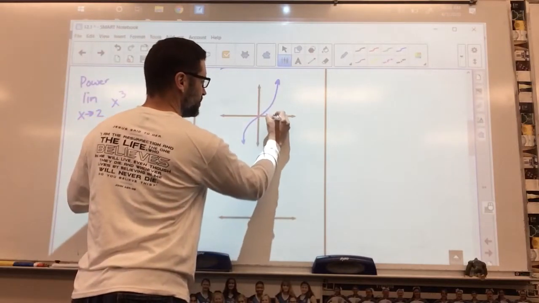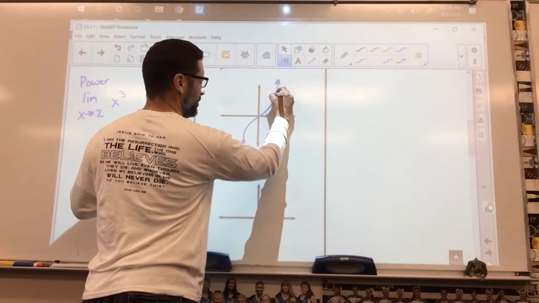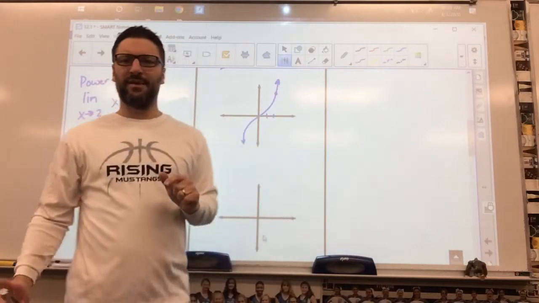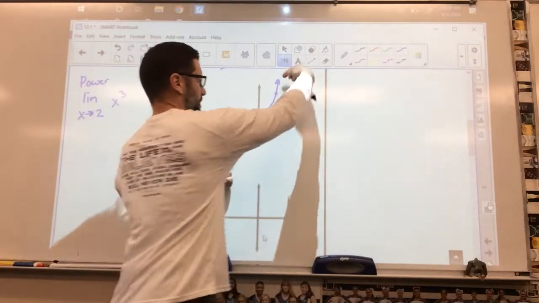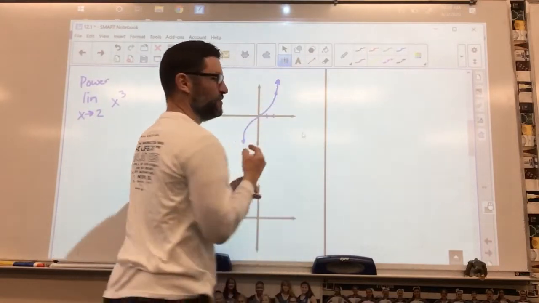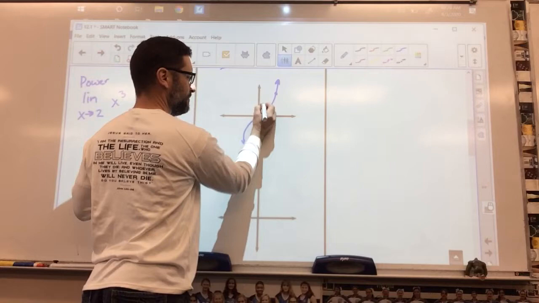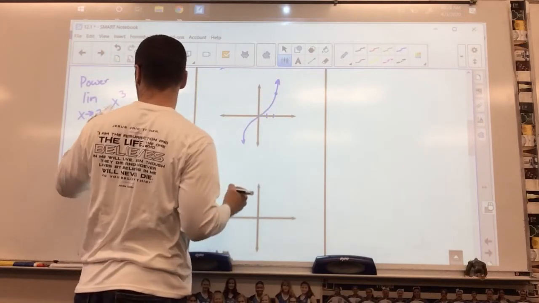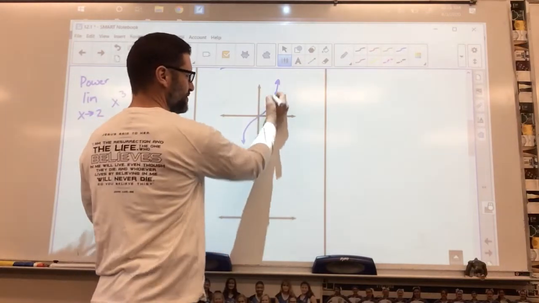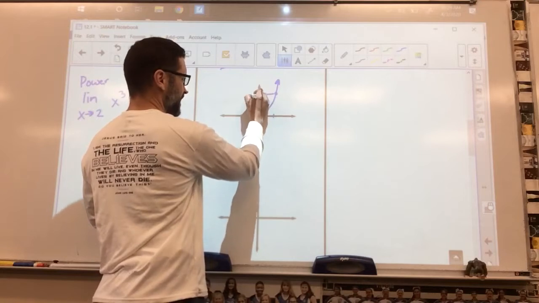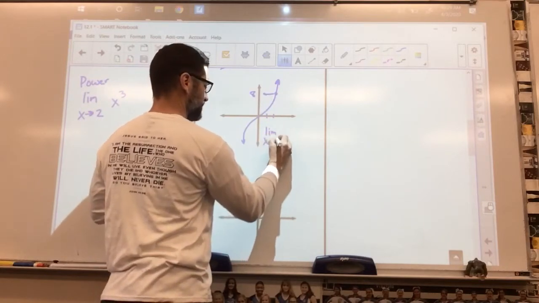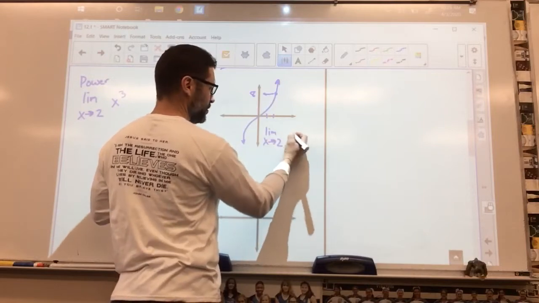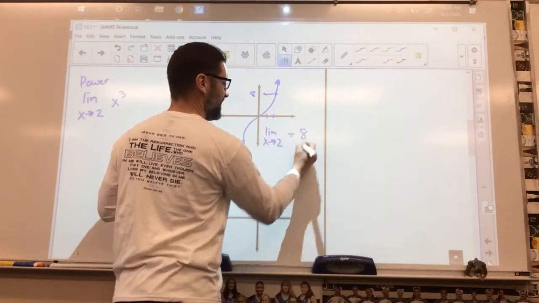So I'll go over to 2, I'll go up to the graph, and I'll put a little dot there. And I'm asking myself, at that dot, do those values come together? Well, yes, they do. And what is the value? I didn't mark this axis because if I plug a 2 in, I'll get 8. So if I go over to 2 and I go over to the graph, I get a value of 8. So the limit as x goes to 2 of x cubed, in this case, is 8.